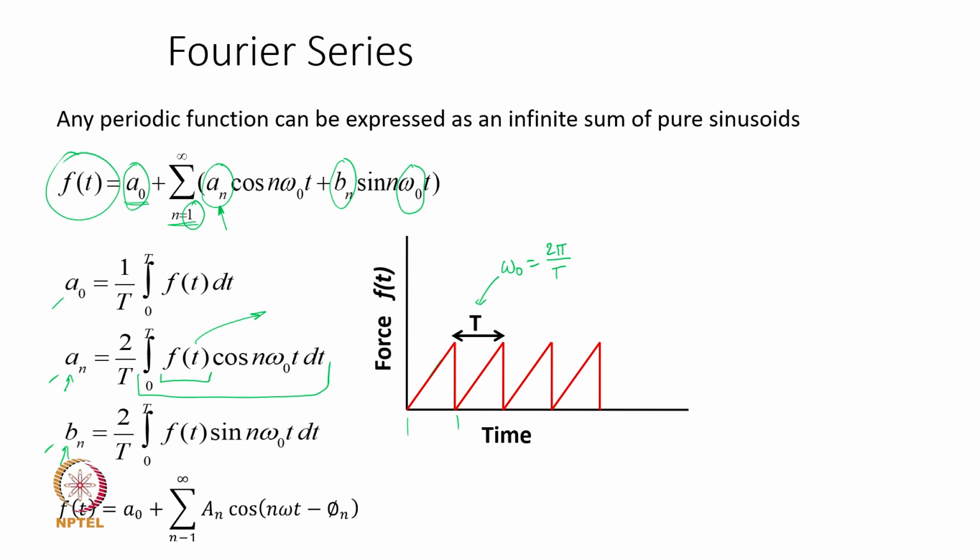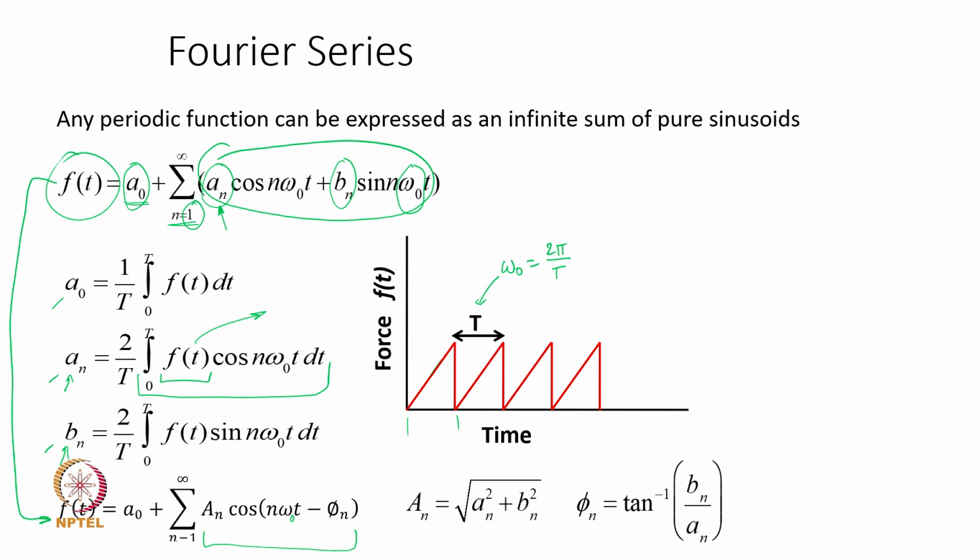Now, of course, another way of writing this function is this: you have the two harmonic functions clubbed as a single expression. We all know how that can be obtained, but this can be written in a more compact form like A n cos of n omega naught t minus phi n, where A n is the square root of a n square plus b n square, and phi n is defined like that.